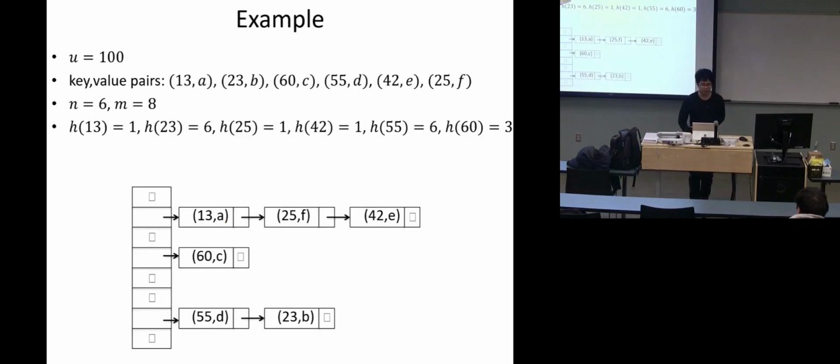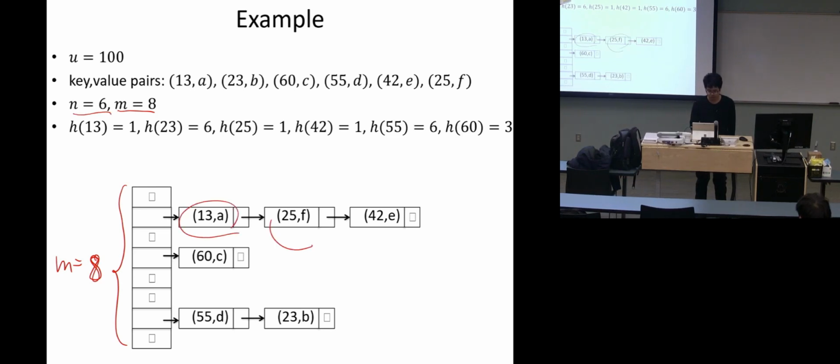So it looks like this. If I have m equal to 8, I allocate an array of size 8, and I have n keys, 6 keys here.